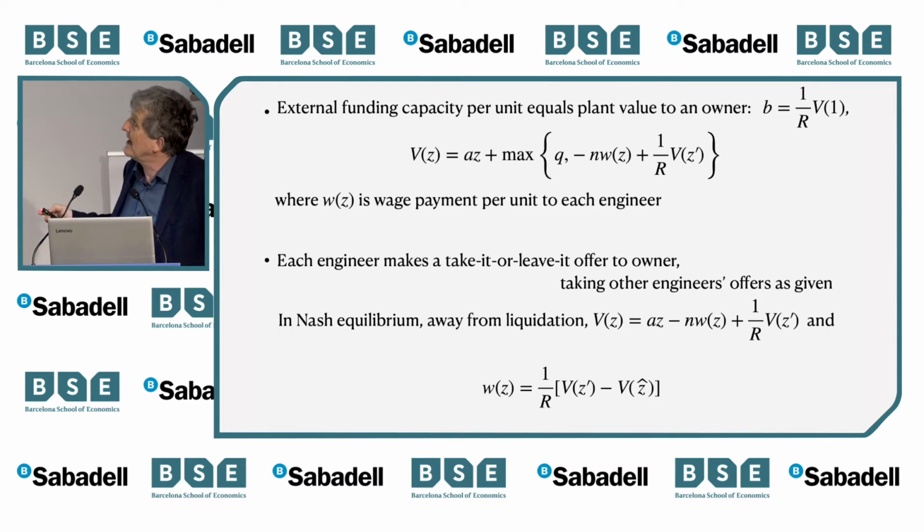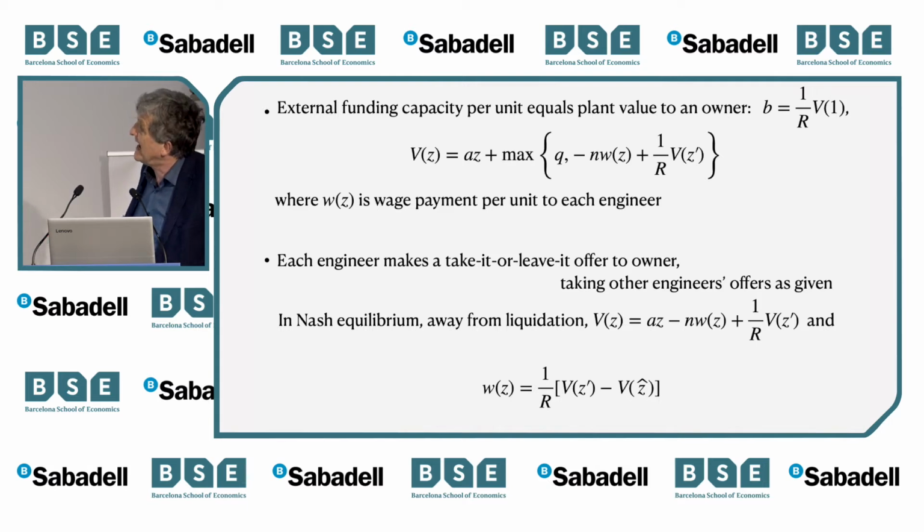And let's say the wage that we agree on, finally, will be W of Z, more of that in a second. You have to pay it to N of us. And then tomorrow morning, you'll have, on the equilibrium path, productivity Z prime. That was the formula I showed you earlier, again, discounted back from tomorrow to today. So that's the Bellman equation, and the question now is, what is W?